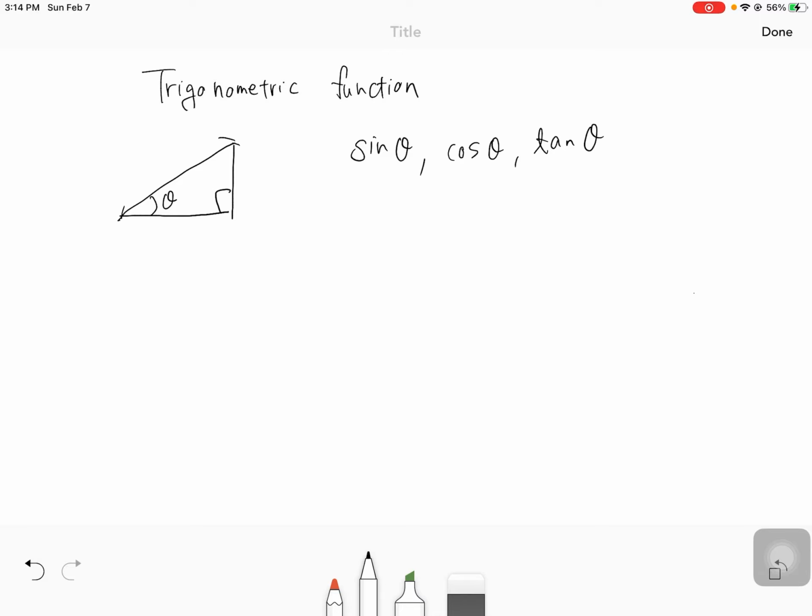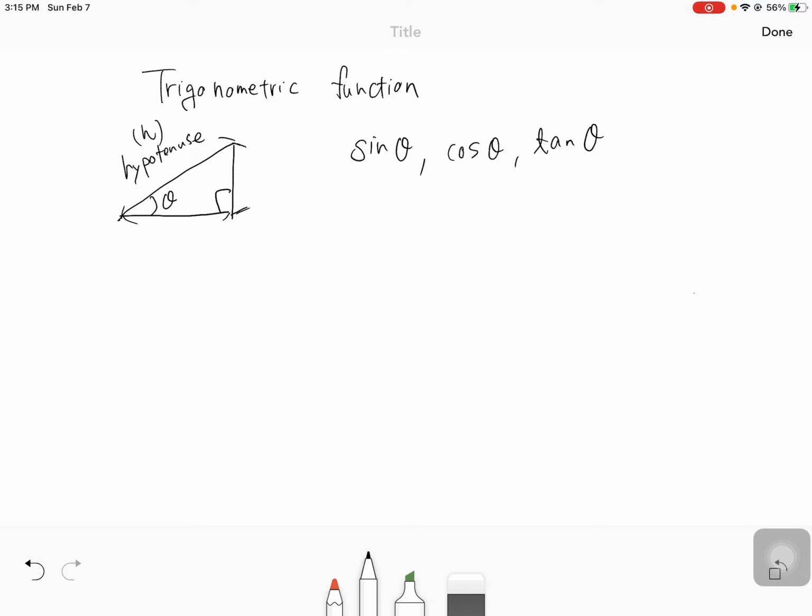First, let's focus on this triangle. All sides have a name. The longest one is called the hypotenuse. So let me put H here.